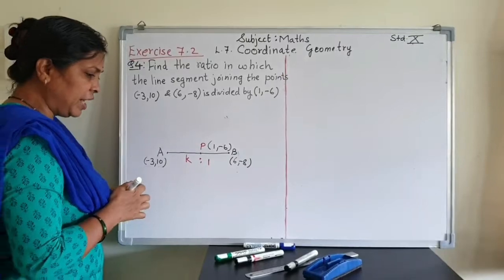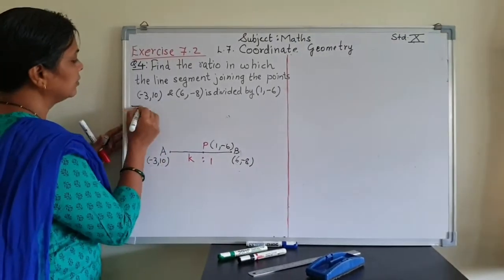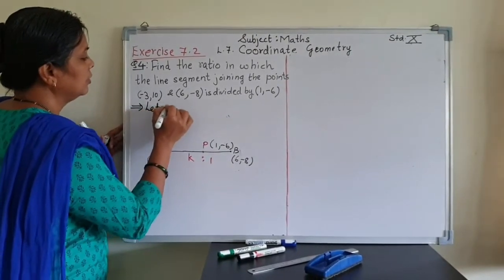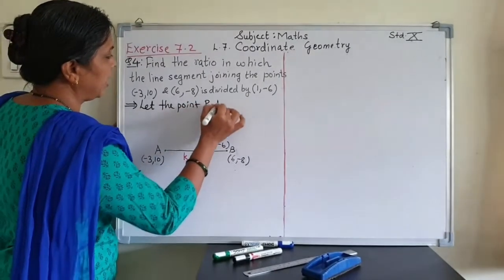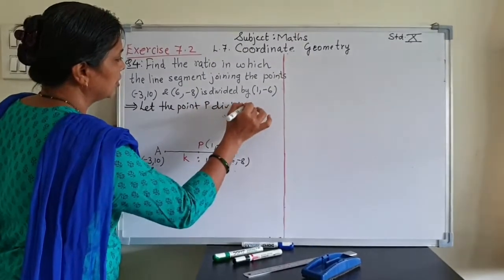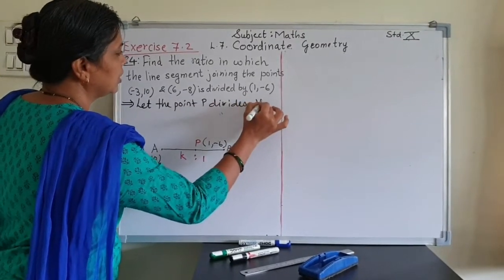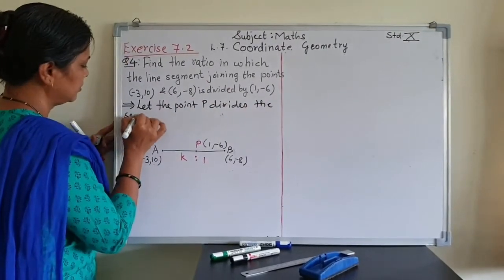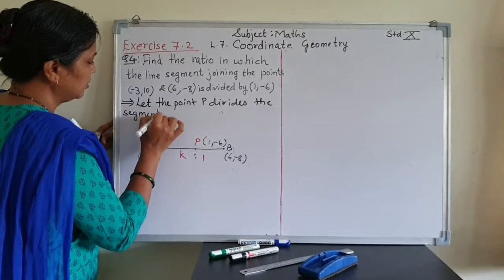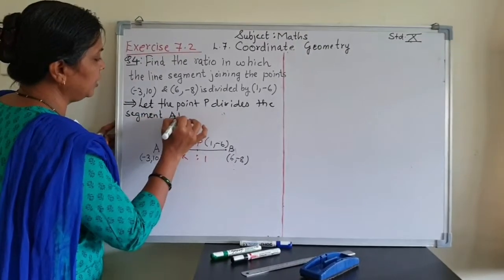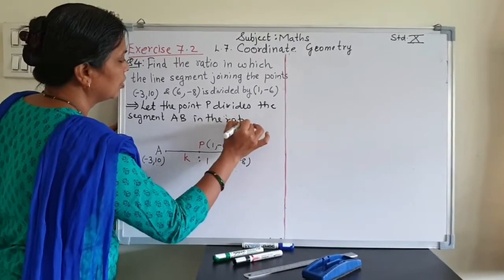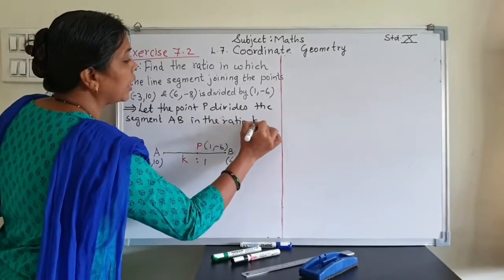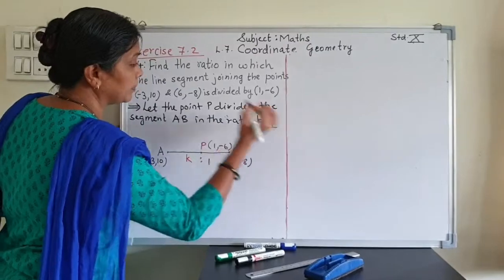So what we write over here, that let the point P divide the segment AB in the ratio K is to 1.